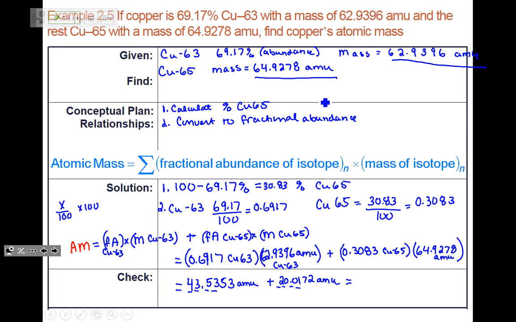So when we add these two together, we should have 2 decimal places, because when adding, we're going by decimal places. And of course, that's in atomic mass units, because this has no unit, this has AMU.